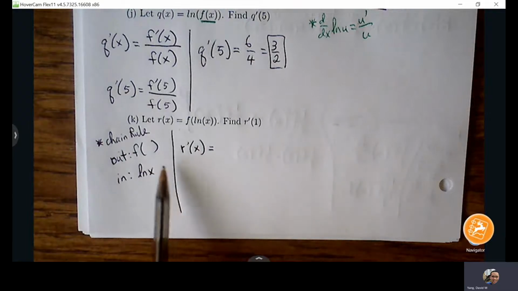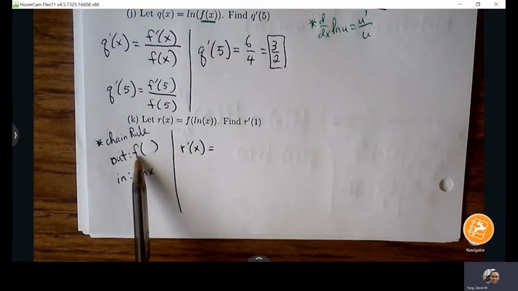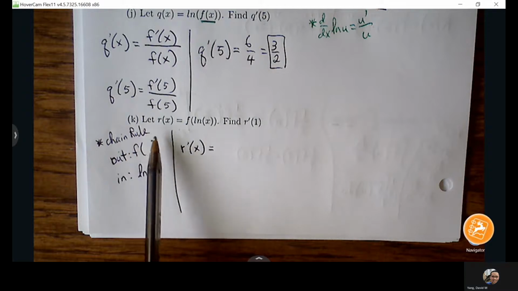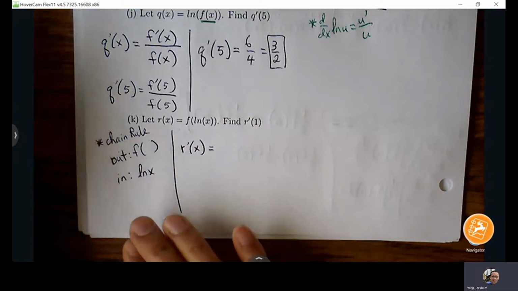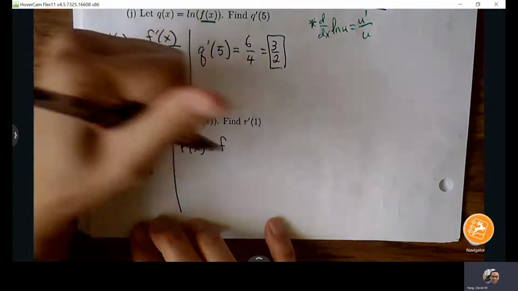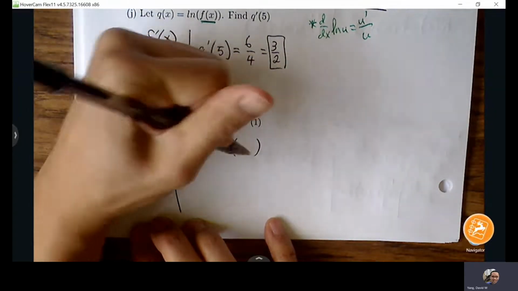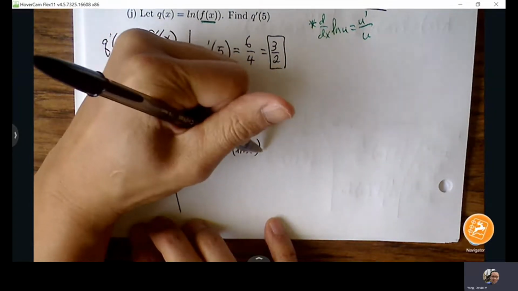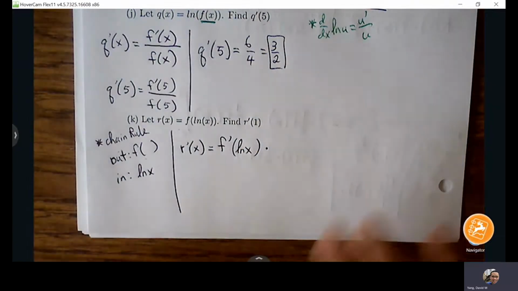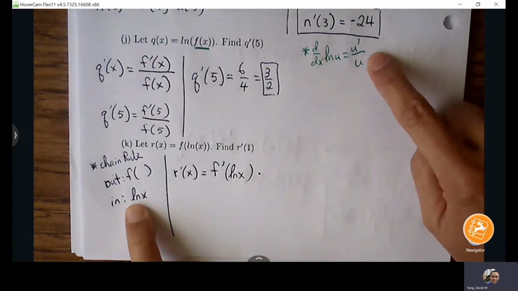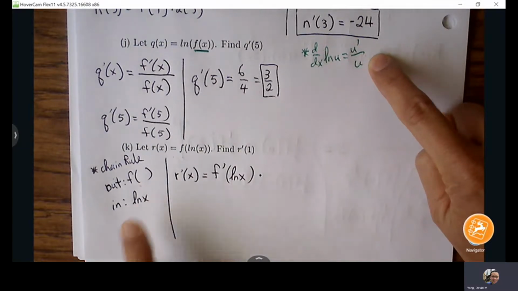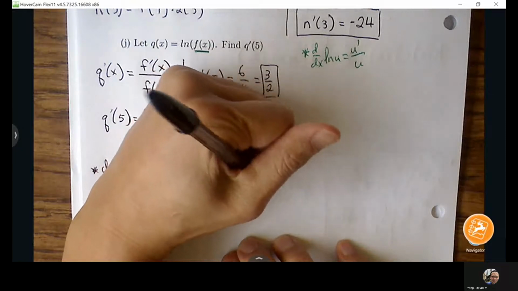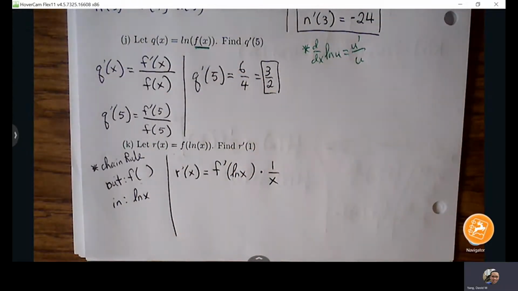Okay, so outside's derivative, f becomes what? What's f's derivative? Just what? F prime, yep. And then we keep the inside intact times natural log's derivative. So natural log's derivative is u prime over u, so 1 over x. Now we can plug in.